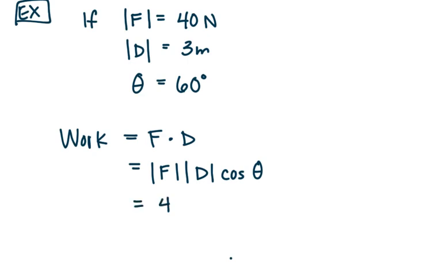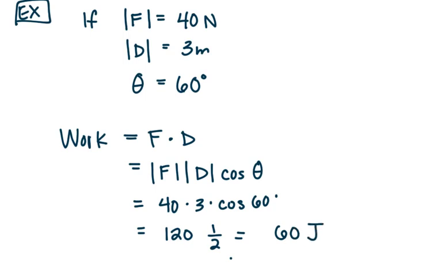So my force is 40, my displacement is 3, and then we have times the cosine of 60 degrees. 40 times 3 is 120, and cosine of 60 is 1/2. Multiplying that, we get an output of 60, and we measure work in joules.